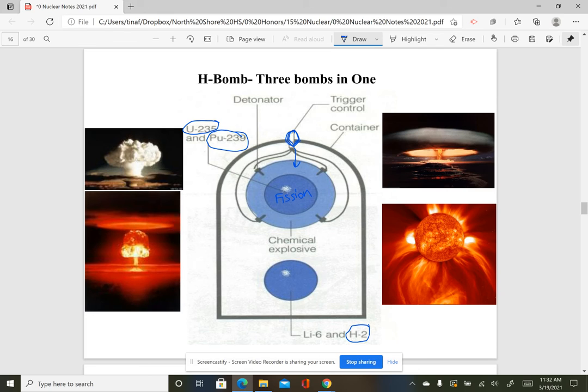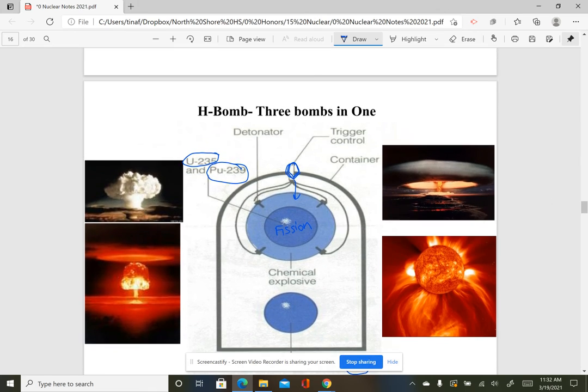Okay, and if you just look at some of these pictures, guys, they're very, very scary. But if you think of the amount of energy that a nuclear reaction can produce compared to a chemical one, I want you to compare a nuclear bomb to a firework. Which one creates more energy? Nuclear, big time.